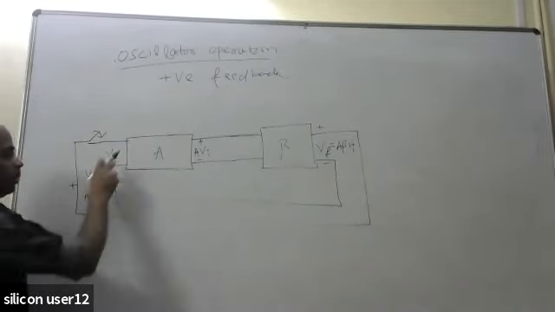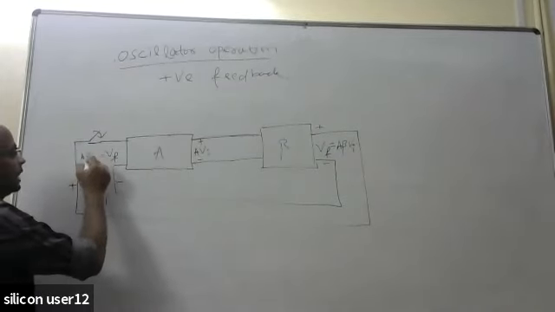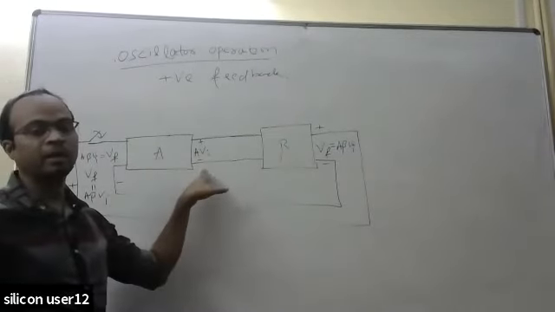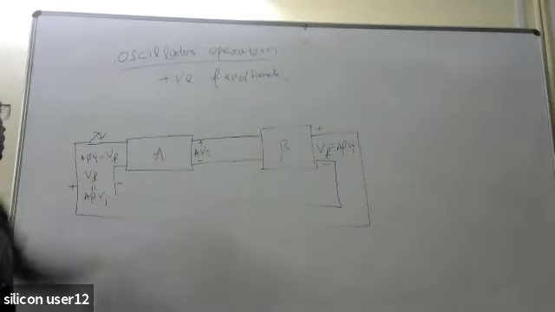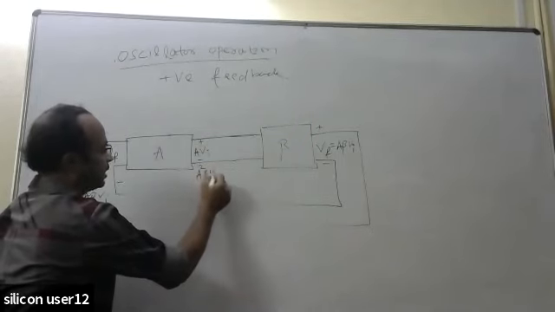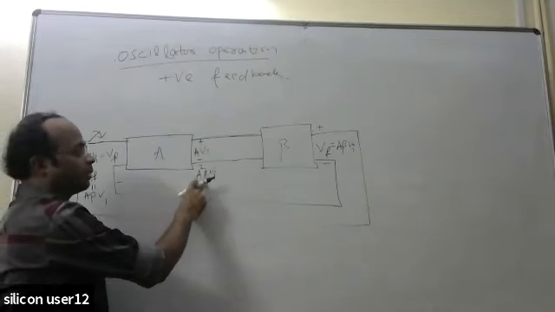Okay. So if Vf has a value equal to A beta Vi, when it passes through this amplifier again, it will be multiplied by A. So here it will be equal to A squared beta Vi. That means after one loop it becomes A squared beta Vi.